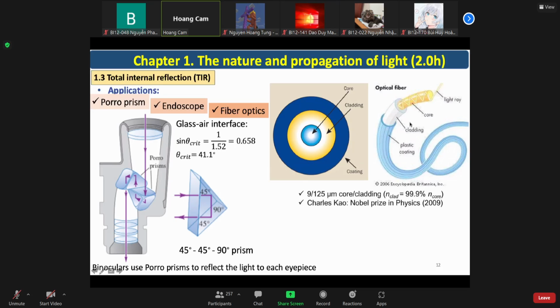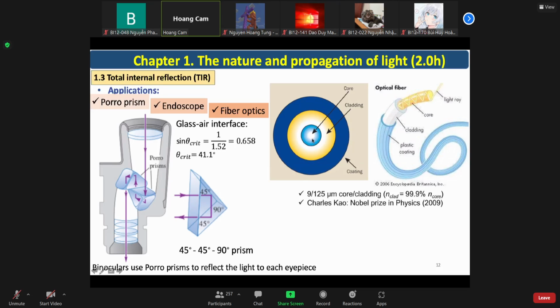They are both silica. However, one is pure silica and the other one is impure silica, to have a different refractive index. So the refractive index of the cladding and the refractive index of the core are only slightly different. Here the value is 99.9% of the core.